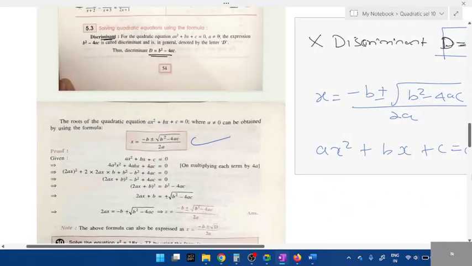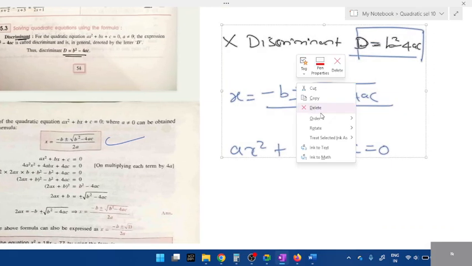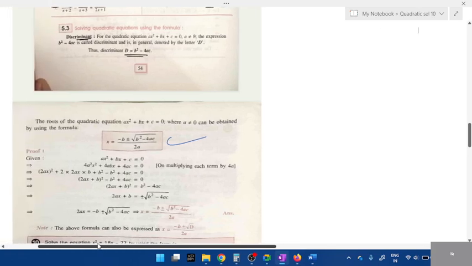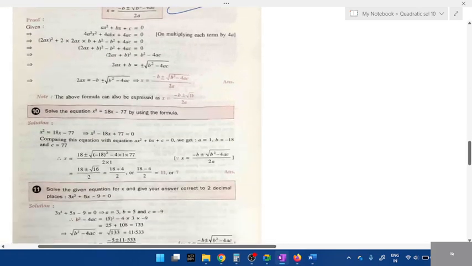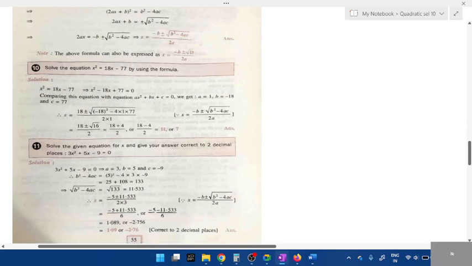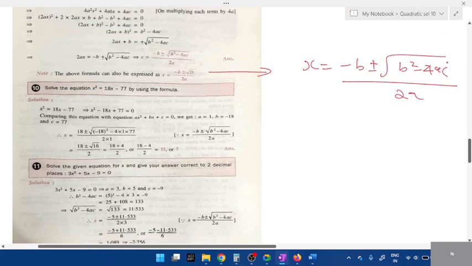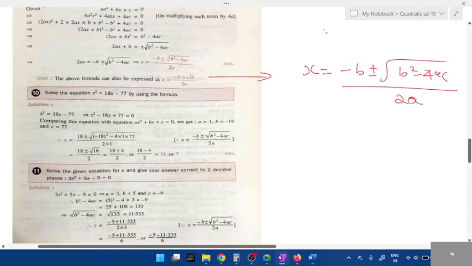Look, I'll just quickly show you all this. This is the formula. x is equal to minus b plus minus square root of b square minus 4ac, divided by 2a. What is discriminant, students? All of you will respond.